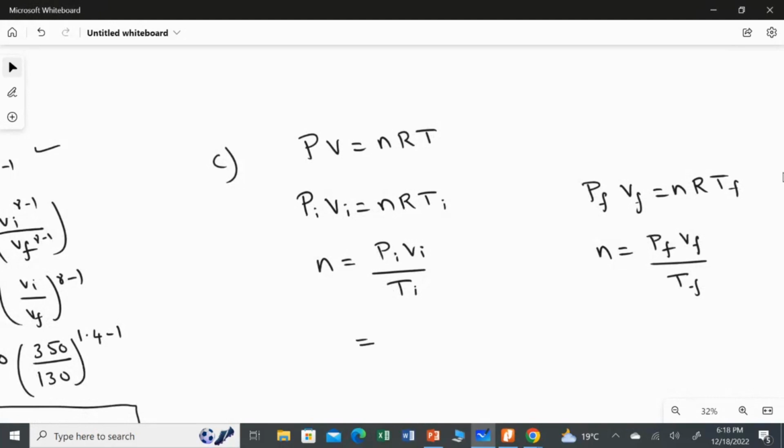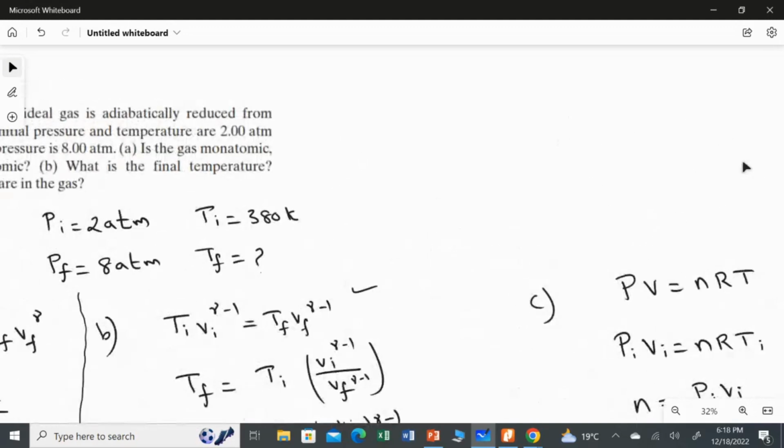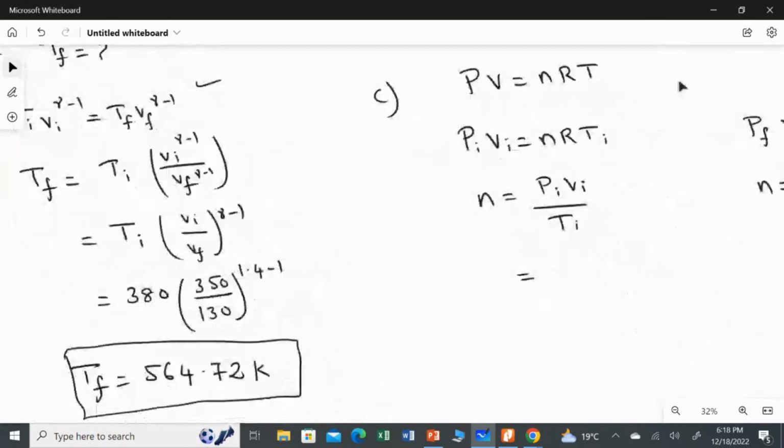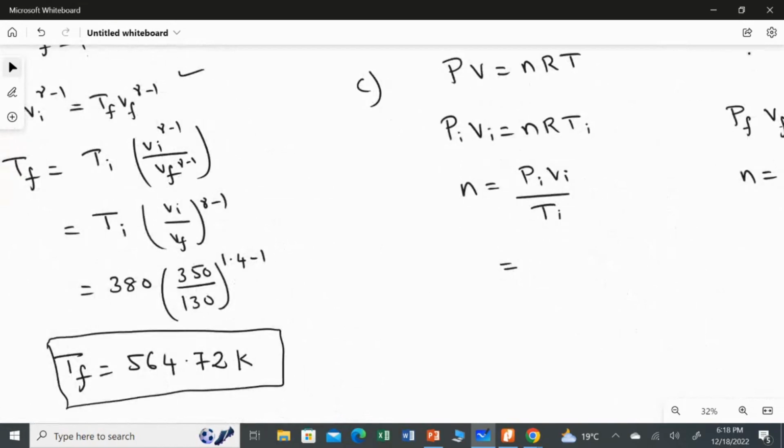Now I'm going to substitute the values. You know the initial pressure, so I have to convert this pressure into Pascal. Our initial pressure here is 2 atm, and the final is 8 atm. So I convert 2 multiplied by 1.01 times 10 to the power 5, multiplied with our initial volume, I think it's 350 liters, over our initial temperature, 380 Kelvin, which is already given in the question.